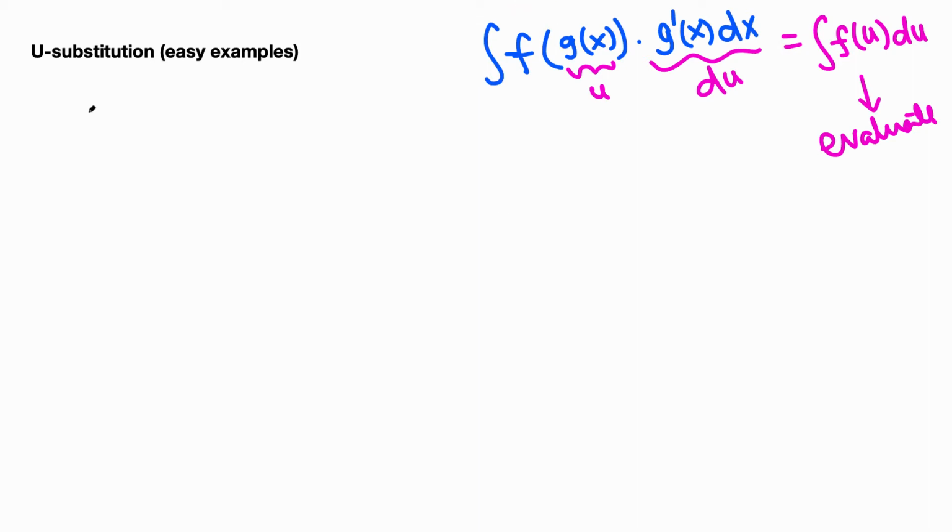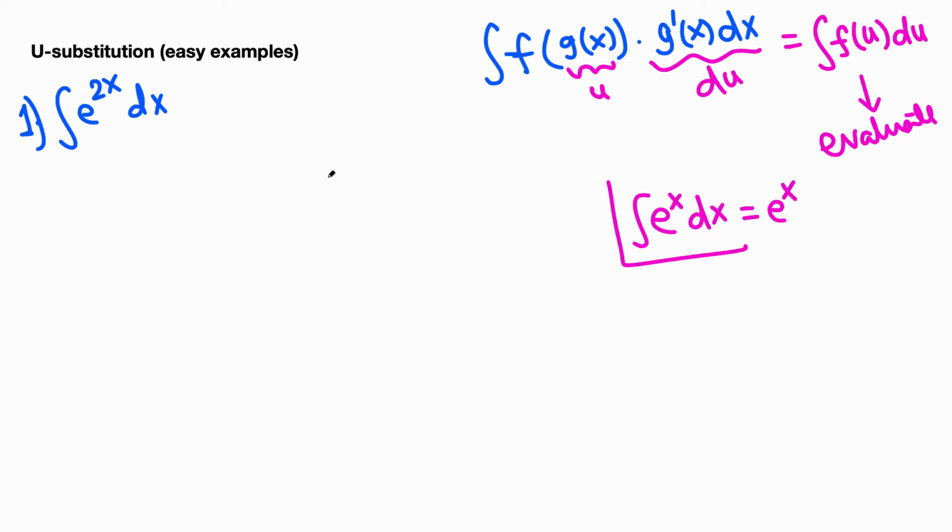Okay, let's do some easy examples. E to the, let's say, 2x dx, and I'll show you in a moment the shortcuts. We know that when we have e to the x dx, this is simply e^x plus c. But we got 2x, so that's the inside function.